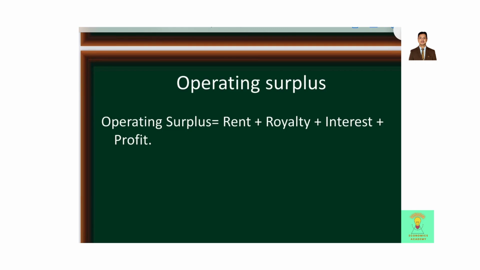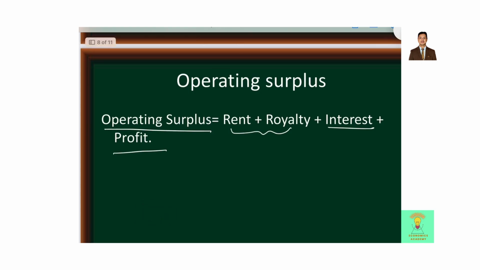Sometimes they will ask us to specifically find operating surplus. Then operating surplus would be the addition of rent and royalty plus interest plus profit. All these added together would give us the operating surplus, right? We will be more clear as we do the numericals on it.